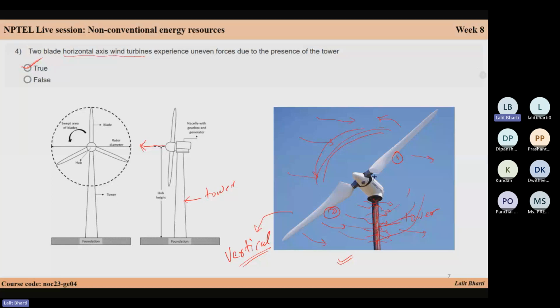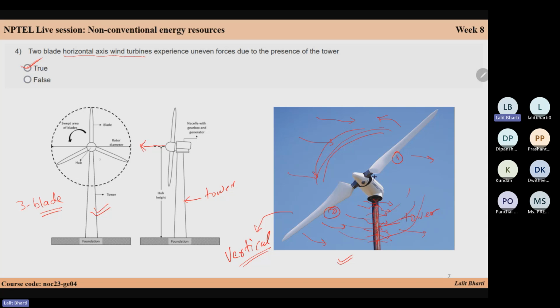The most optimum design is the three blade design in case of large scale horizontal axis windmills, because the sweep area of the blade is optimum for the three blade design, and the hindrance caused by the tower is the minimum in this case.